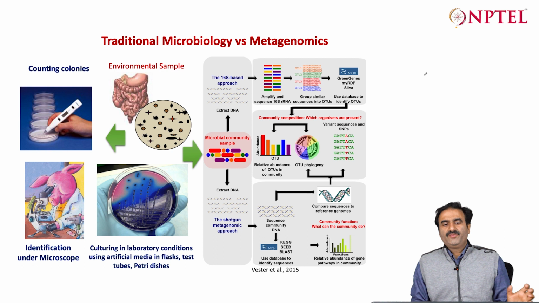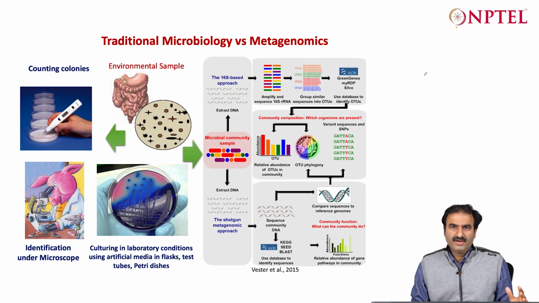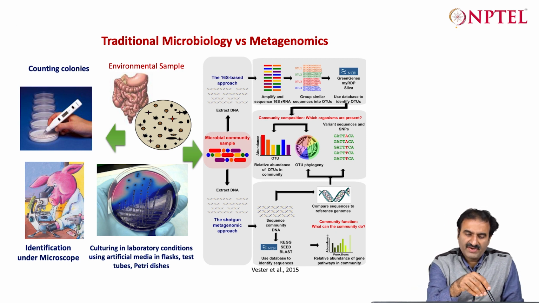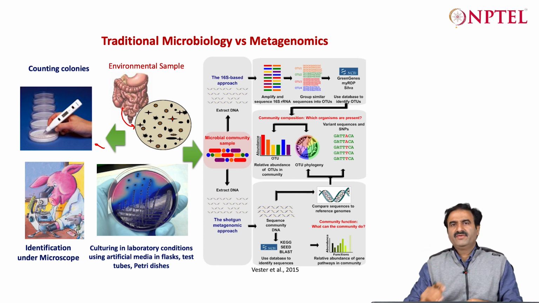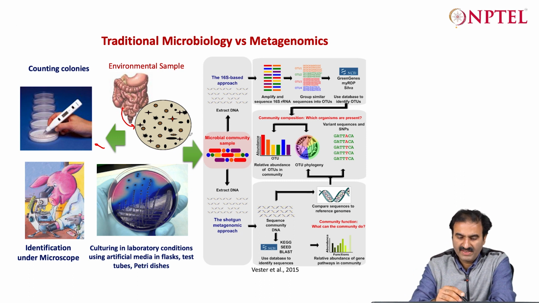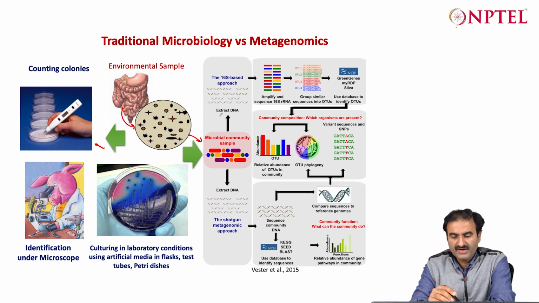Okay, just to highlight the difference between traditional microbiology and metagenomics. Earlier, what we were doing is, from any environment, we would put the bacteria in a Petri plate, culture it, identify colonies, and then do gram staining and other biochemical tests and metabolic tests. But here in metagenomics, the entire microbial community is sequenced, and DNA is extracted.